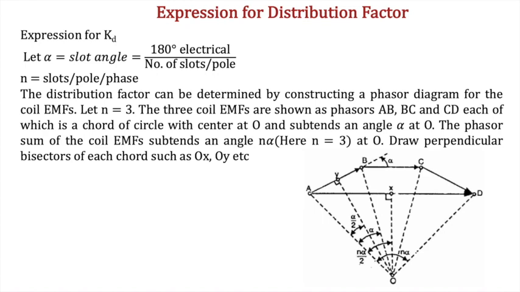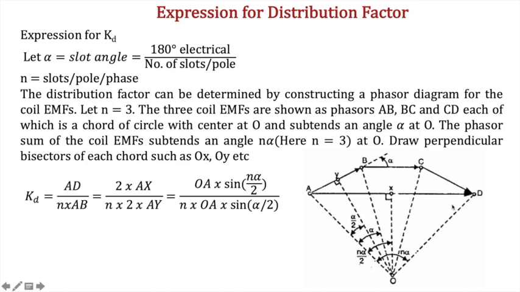OX is the perpendicular bisector of AD and OY is the perpendicular bisector of AB. Therefore, KD will be given as AD, which is the total EMF being generated by the 3 coils, divided by the arithmetic sum, which will be AB plus BC plus CD, which can be given as N into AB.